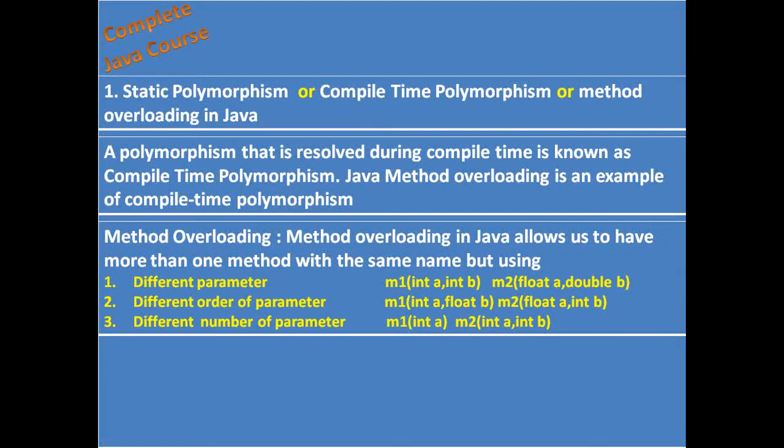So what is method overloading? Let's understand with an example. Method overloading in Java allows us to have more than one method with the same name but with different parameters: a different type of parameter, a different order of parameter, or a different number of parameters.